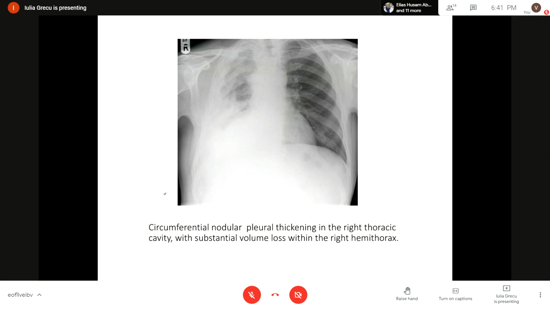What you can see on this frontal film is that on the right side we find a reduced lung volume, and circumferential on the right thoracic cavity, there are these opacities here that you can see, like nodular thickening of the pleura.